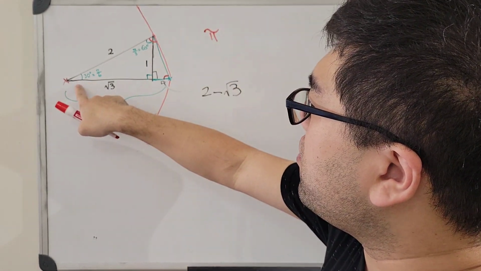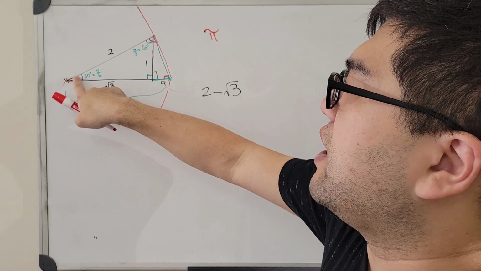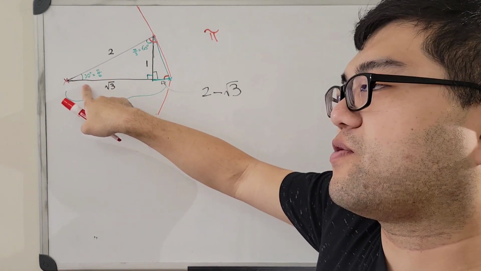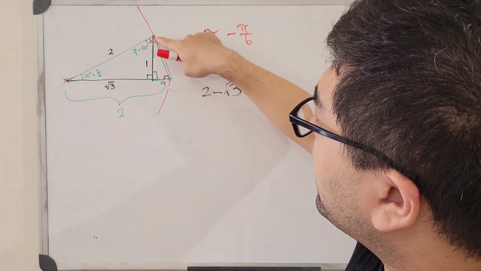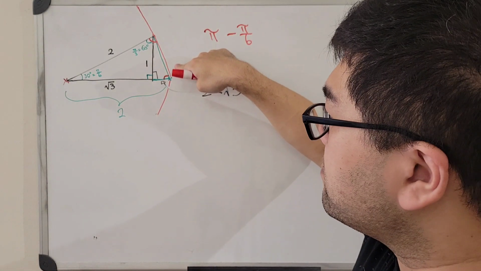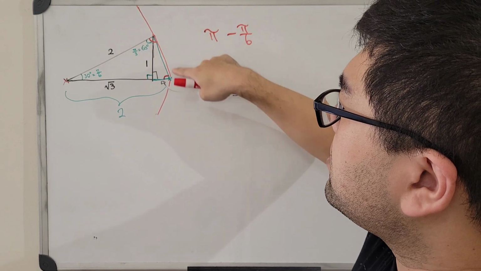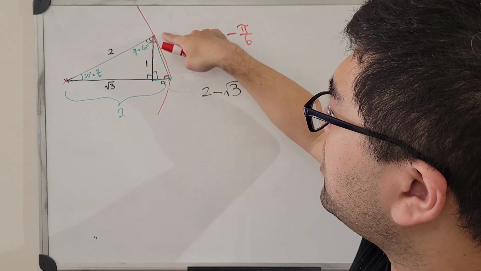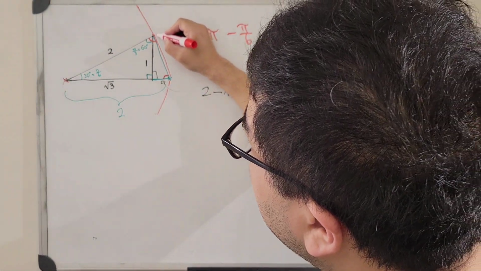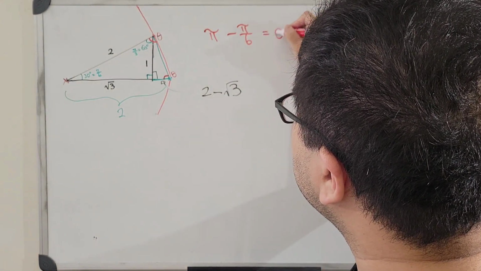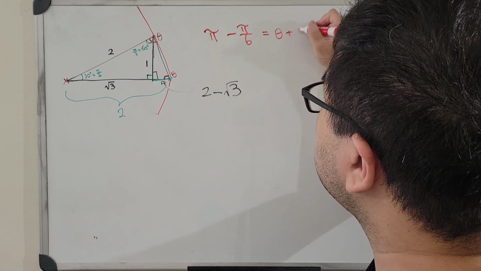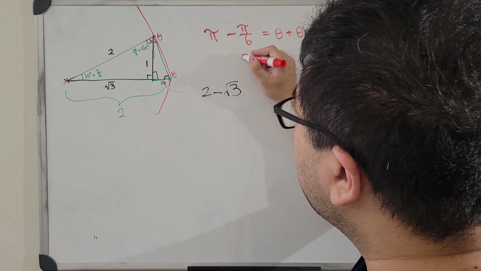And then we know the leftover part, which is 30 degrees, or pi over 6. And we claim that these two angles are the same. So in order to add these two up, if we call each angle theta, we have theta plus theta is equal to pi minus pi over 6, which is equal to 5 pi over 6.